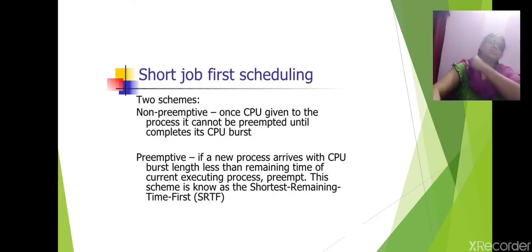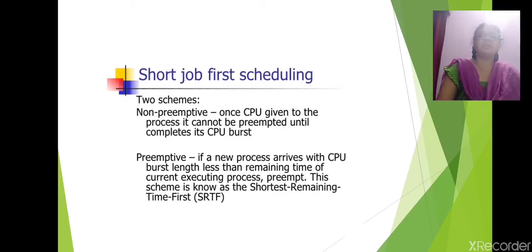Now, shortest job first scheduling, SJF. There are two schemes, one is non-preemptive, another is preemptive. In the non-preemptive scheme, once the CPU is given to the process, it cannot be preempted until it completes its CPU burst.